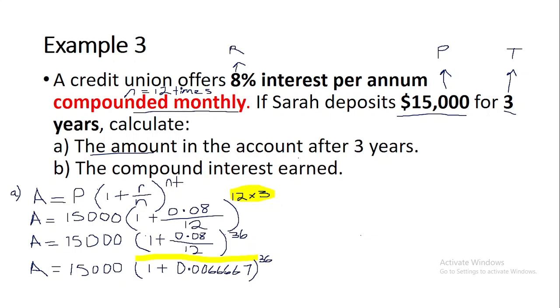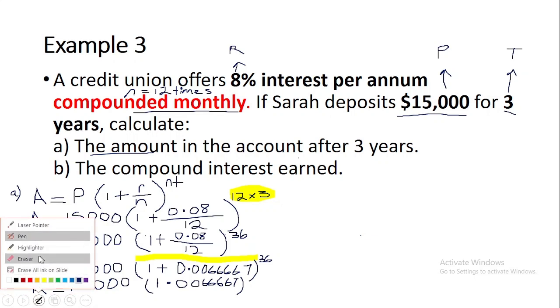Alright, so 1 plus 0.006667, that's gonna be equal to A. A is equal to 15,000 times, in brackets, 1.0066667, and all of this in brackets is gonna be raised to the power of 36.